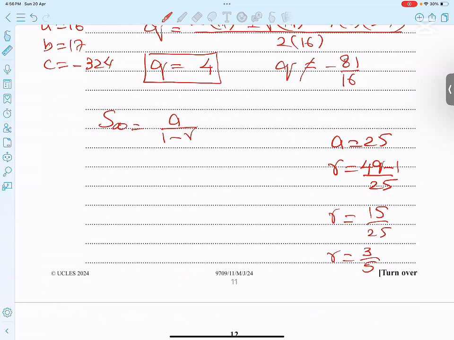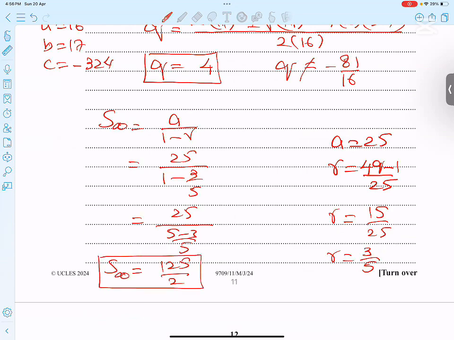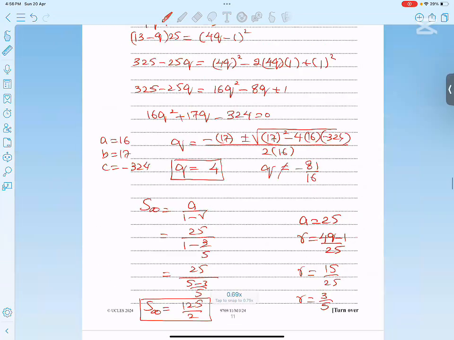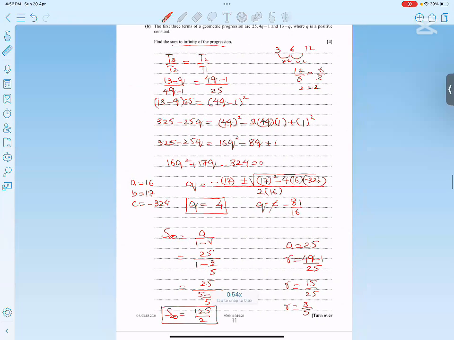So we got 3 over 5 as the r value. I think the rest of the part is just a piece of cake. So 25, and LCM is 5, minus 3 over 5. It goes up, 125 divided by 2. So we got the sum to infinity. I hope so. No problem. The question is completely over.